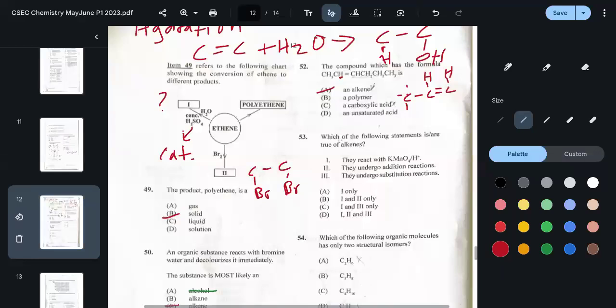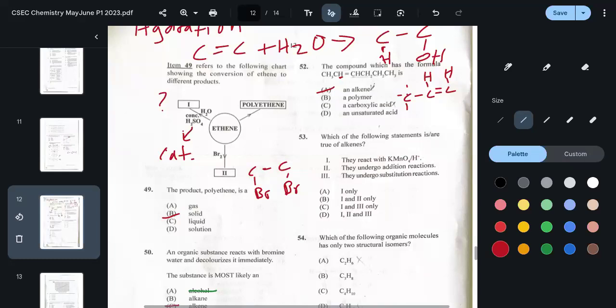Which of the following statements is true of alkenes? It could be one or more than one. So, can alkenes react with potassium permanganate? Remember the PD I did with the butter or the type of oil?